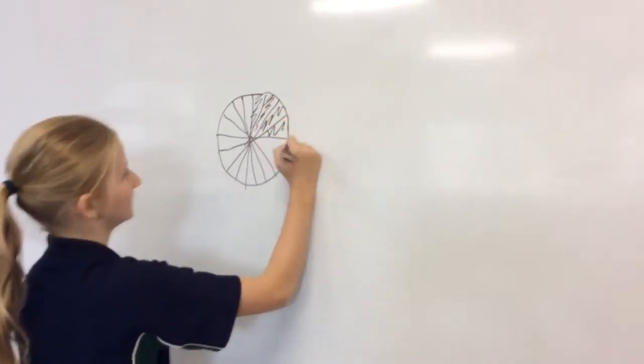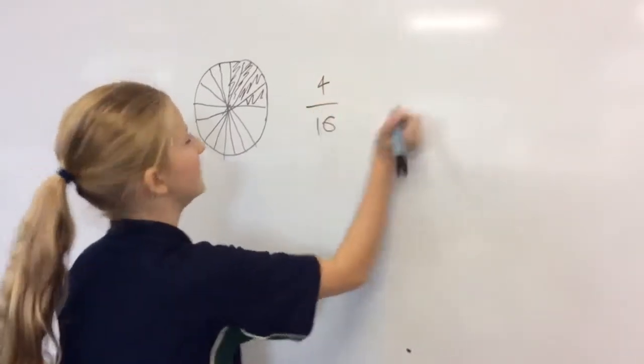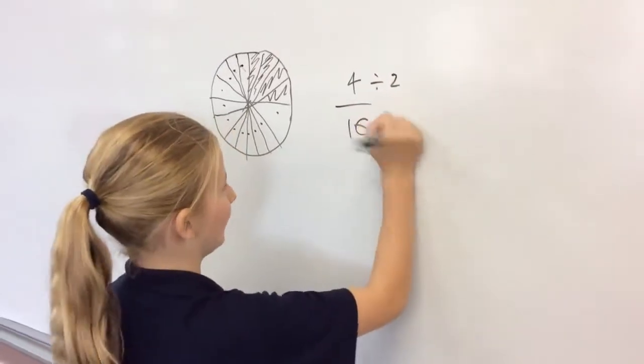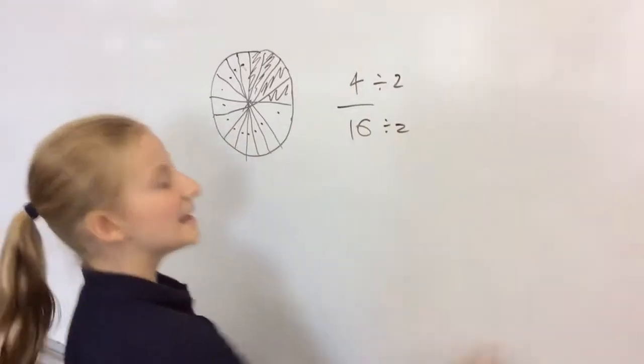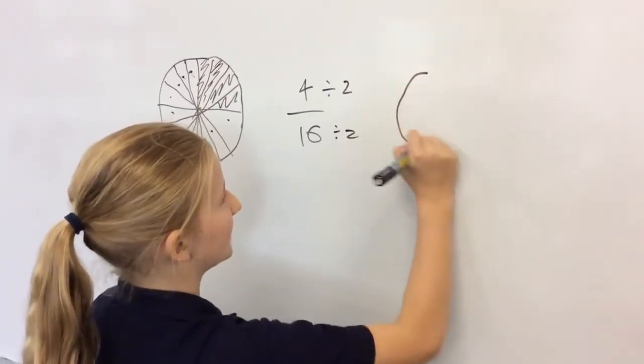So we ate 4. So that is 4 over 16. So now, we're dividing this by 2 and dividing by 2 because they both go in.